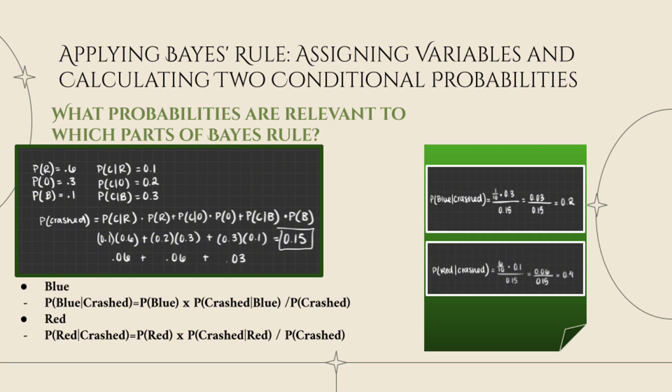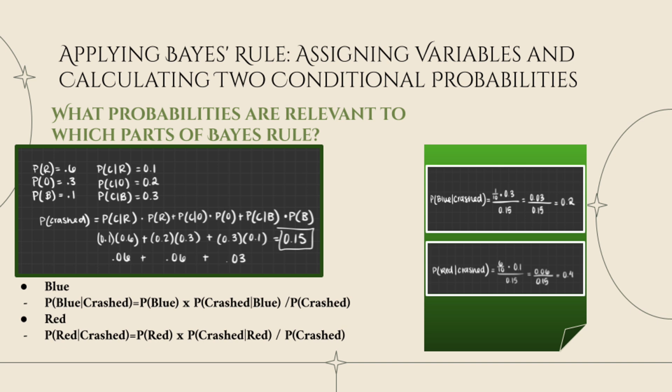So now we're going to use Bayes' rule to try and find the probability of blue and red. For Bayes' rule, you structure it by trying to find the hypothesis from the evidence. So, for example, right here for blue, it would be the probability of blue times the probability of crash given blue, divided by the crash probability.